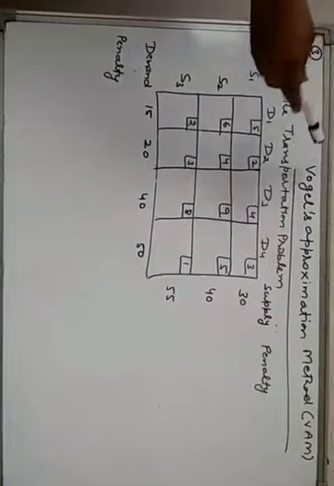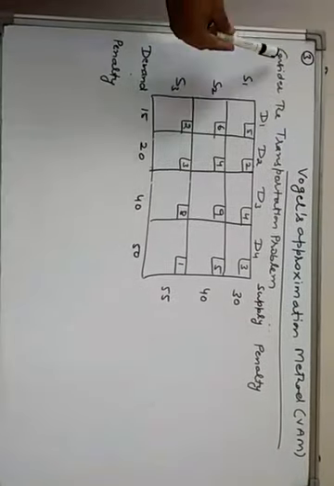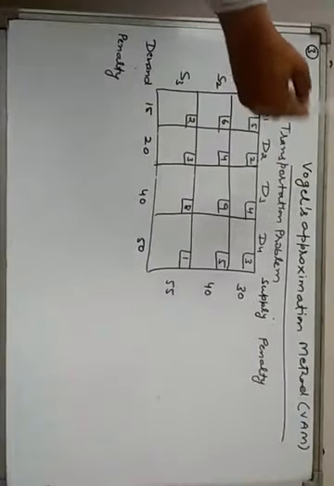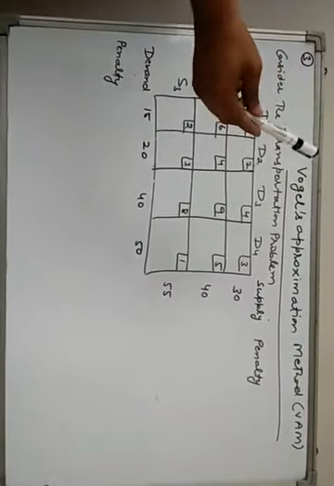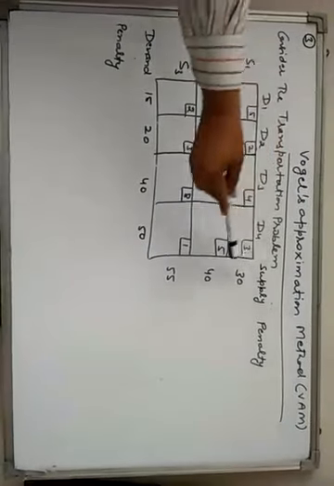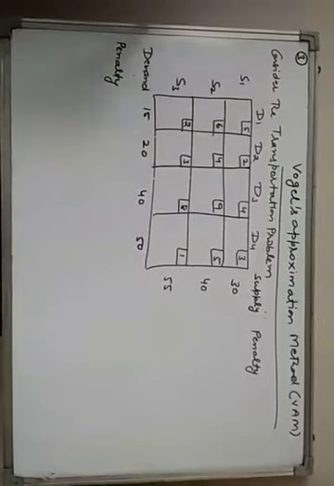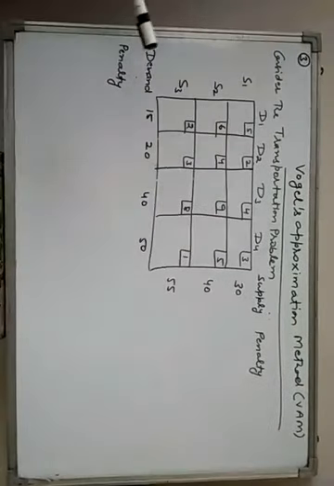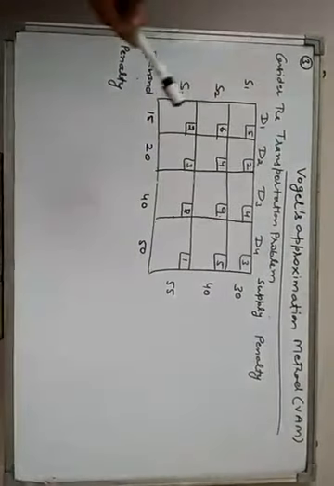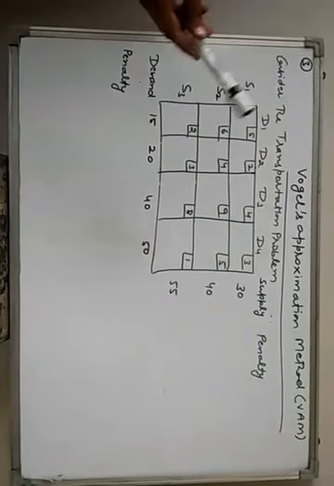Now I am going to discuss Vogel's approximation method. Consider the same transportation problem as considered in the first two methods. This is a balanced transportation problem, as total supply is equal to total demand. The allocation procedure in all the three methods is the same, but the cell selection is different.